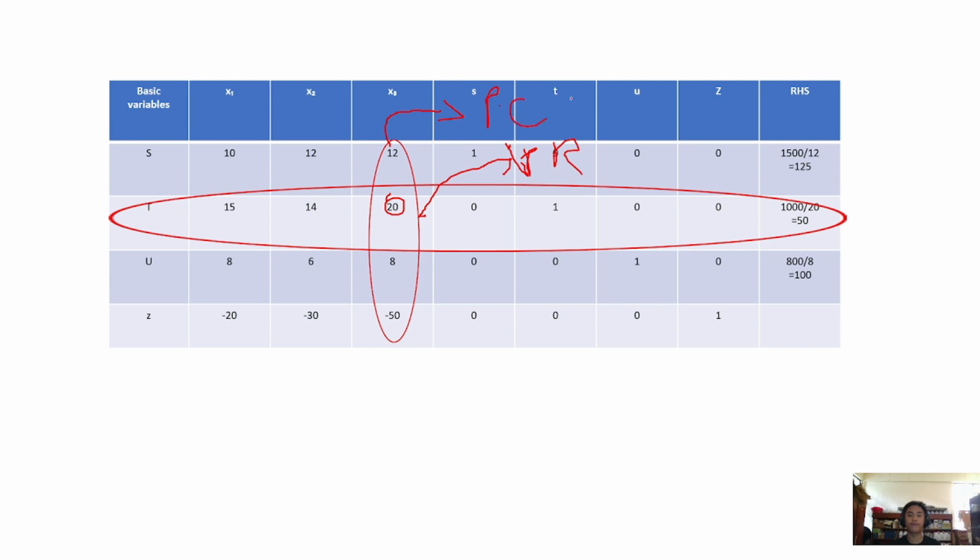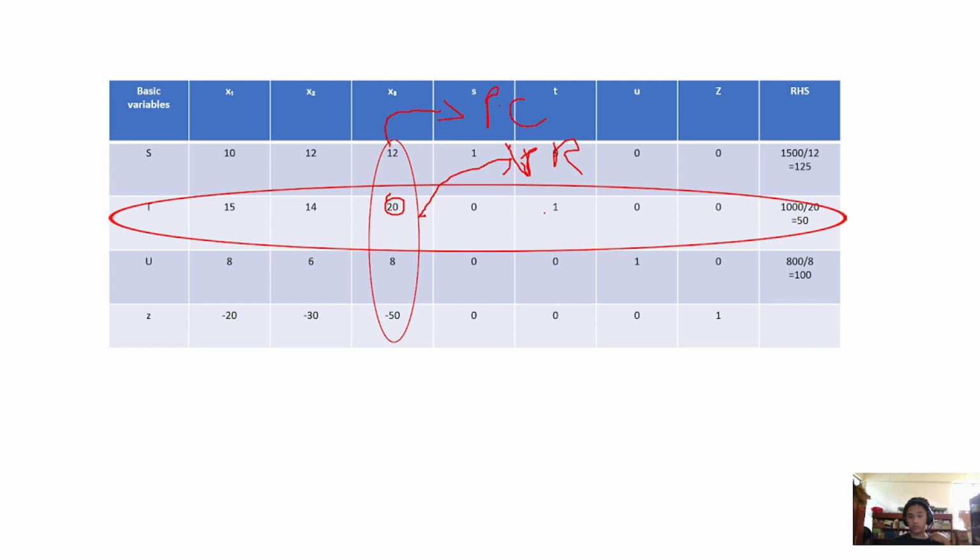So bakit ito naging pivot row? So just like I said kanina, ito yung nasa smallest quotient. So 15 divided by 12. So, siya yung nasa loob ng pivot column. So, i-divide natin sa 1,000 divide 20.